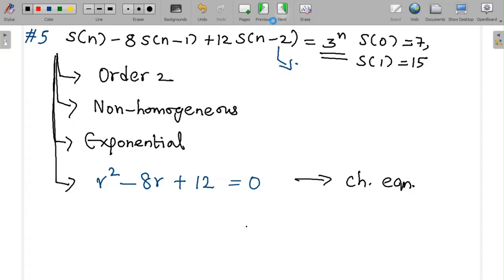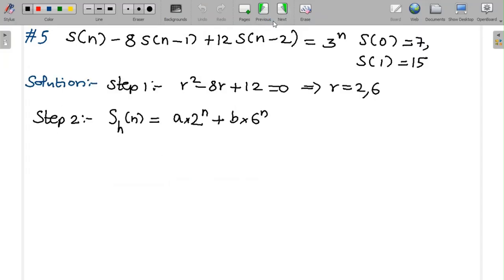Now that we know the characteristic equation, we can actually set out and solve. We have the quadratic equation with roots 2 and 6. Therefore, the homogeneous part of the recurrence relation will take the form a times 2 power n plus b times 6 power n. Of course, these two constants will be evaluated by using the initial conditions at 0 and 1.